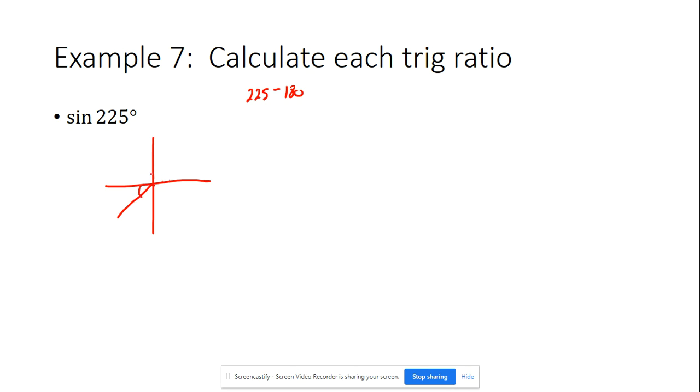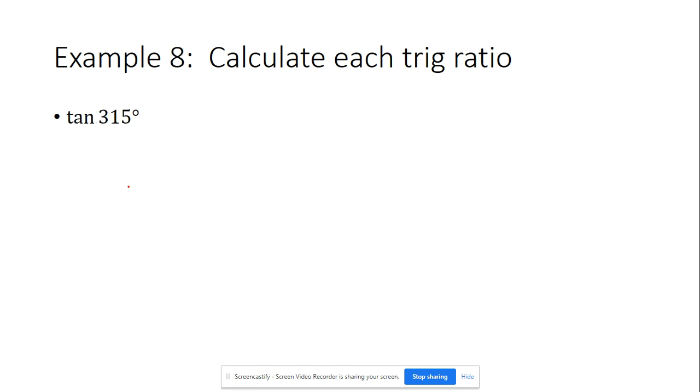So this part is going to be 225 minus 180, which is 45. That means I have a 45 degree reference angle. Now, this is like the 45, 45, 90 triangle that we had before. So there's 45 as well. That was 1, 1, root 2. Now in this case, since I'm going to the left, this is a negative, and this is a negative here. So therefore, sine is opposite over hypotenuse, which is negative 1 over square root of 2.